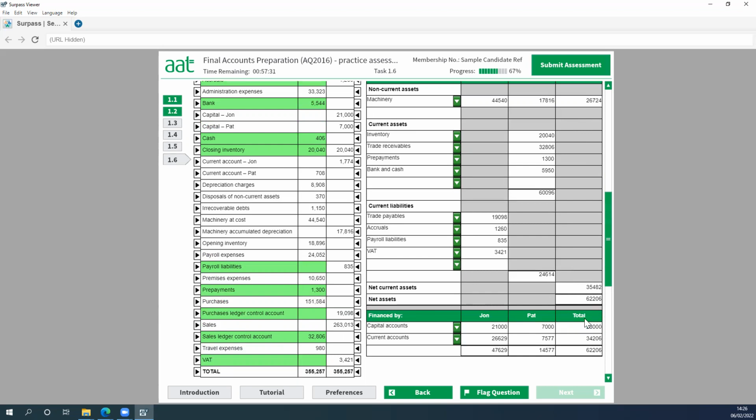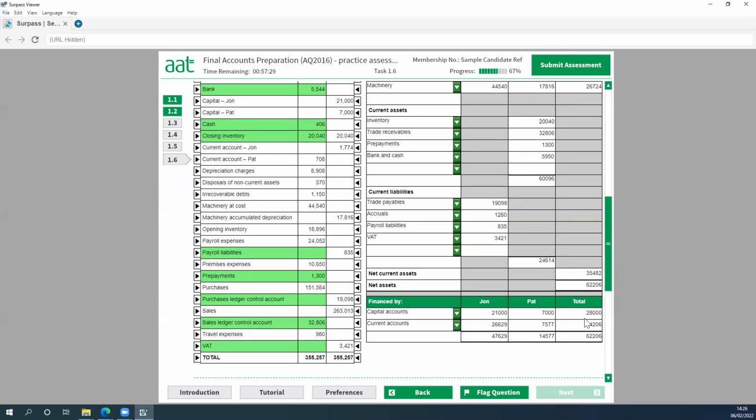So let's have a look at what we've got as far as the capital accounts are concerned. So far as John is concerned, John's got 21,000 in relation to his capital account, and Pat has got 7,000. So Pat's got a capital account of £7,000. So I can put that in, which is £28,000 overall.